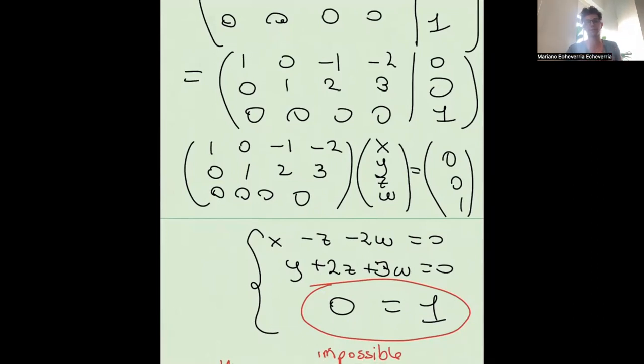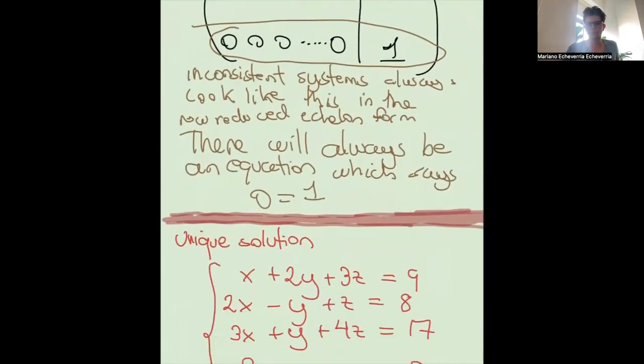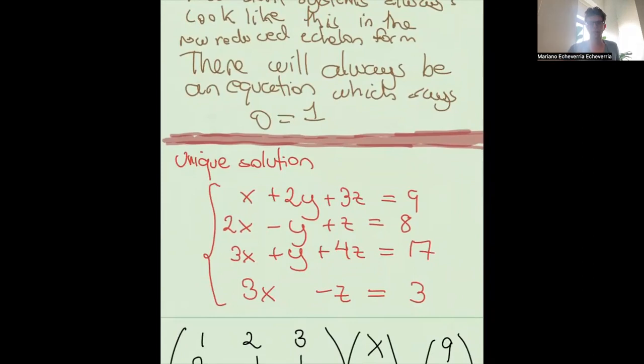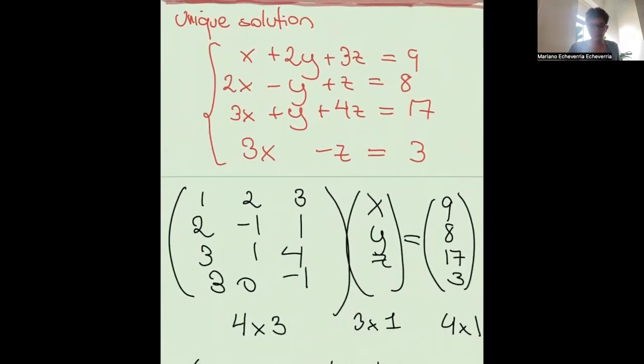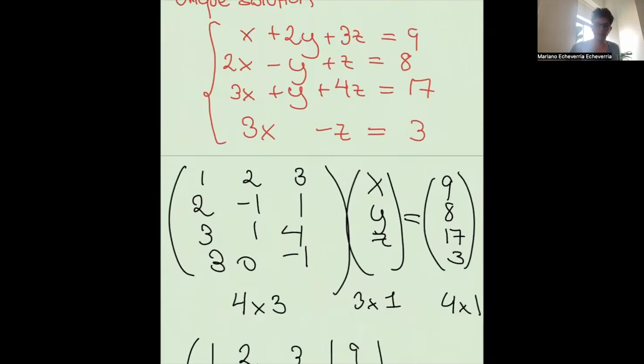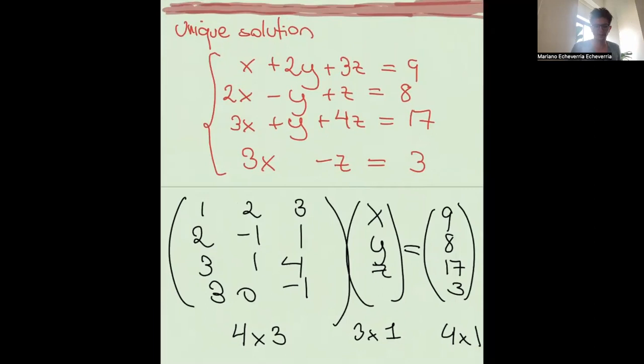The other one is the case of a unique solution, which is the example I finished with yesterday. In this case you had three variables. By the way, I think I said it yesterday, but I'll repeat it today: the number of variables in your system is equal to the number of columns of the matrix.